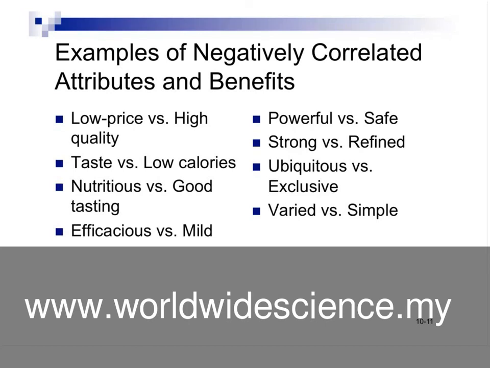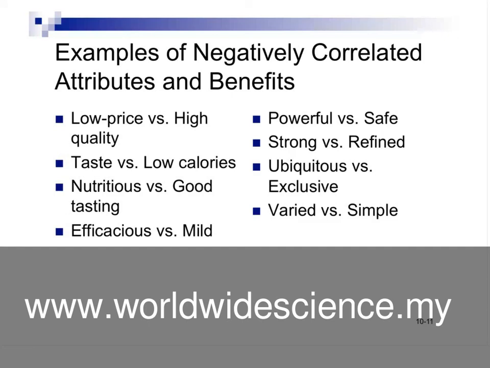Ubiquitous is widespread, so widespread versus exclusive. Widespread means it's everywhere. As you can see, a lot of them carry the common understanding, but not necessarily when you use them in your company do you want the same meaning to be conveyed.